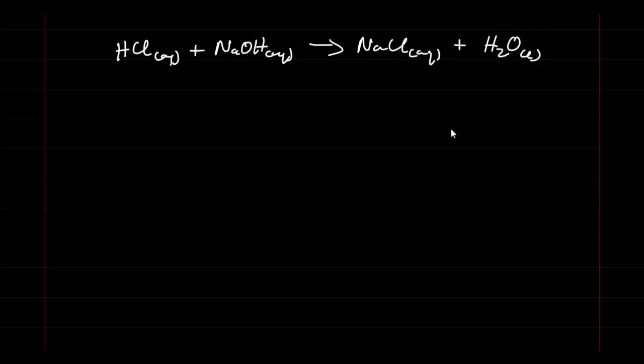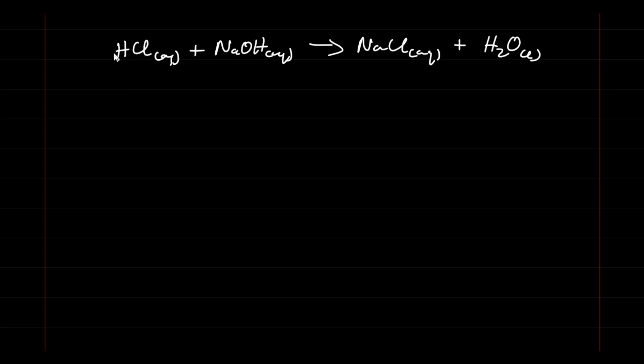Okay, so here we can see that we have a 1:1 stoichiometric relationship, right? Because the equation is balanced, and we can see that in front of the HCl and in front of the sodium hydroxide, the stoichiometric coefficients are 1 and 1. So now, what happens?